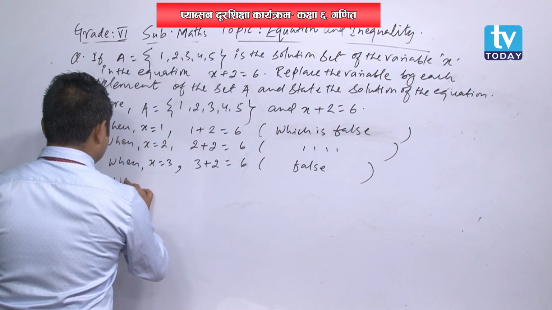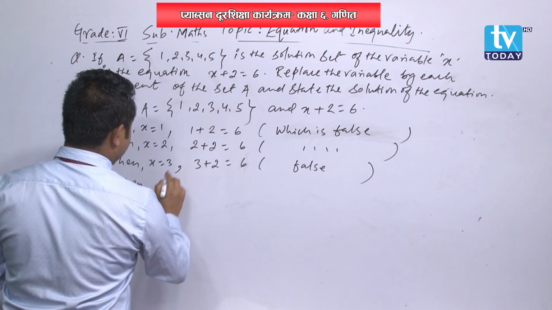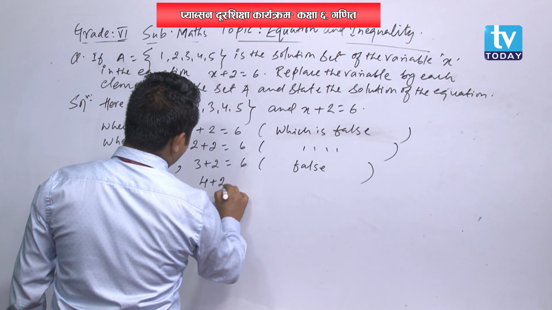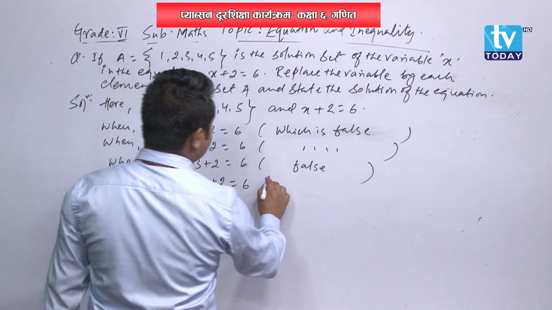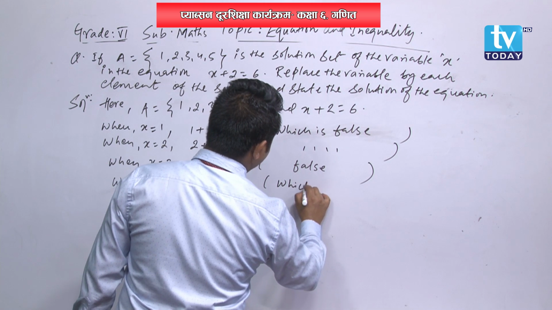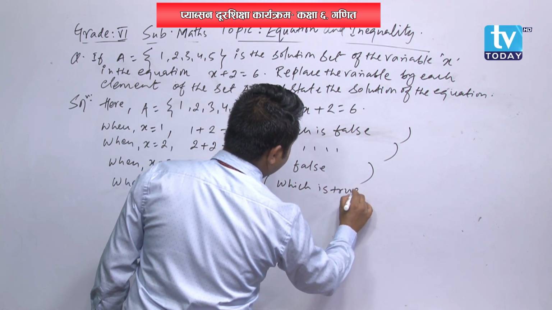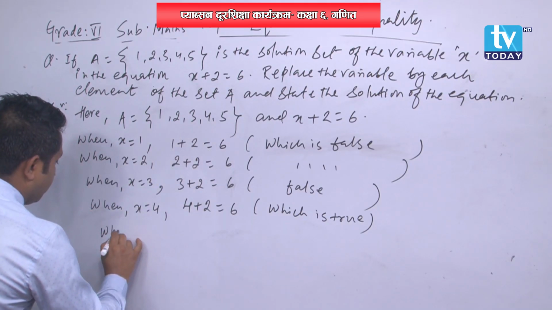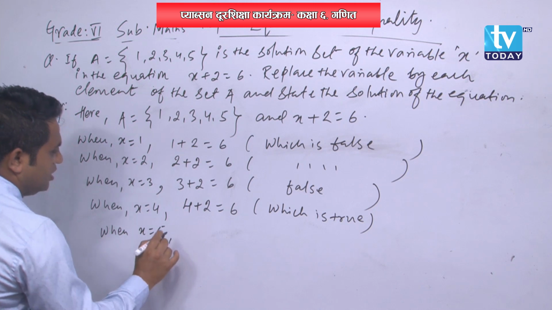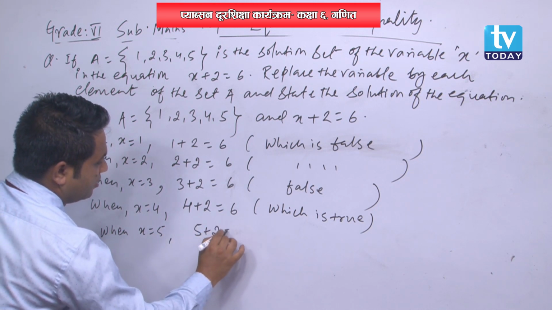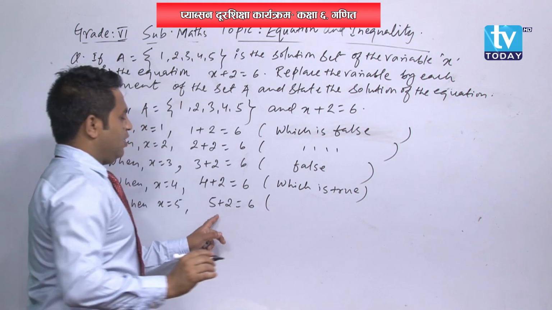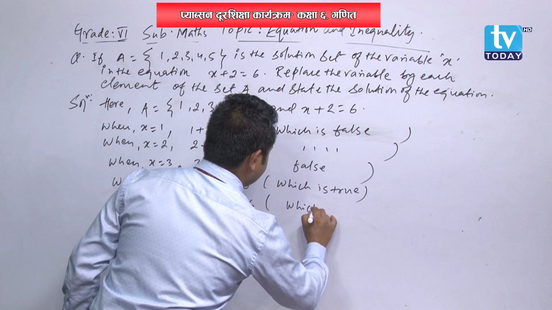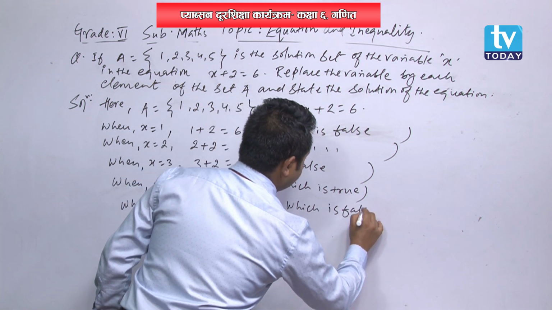When you replace the value of x by 4, then 4 plus 2 equals 6, which is true. When x equals 5, 5 plus 2 will be 7, which is false.